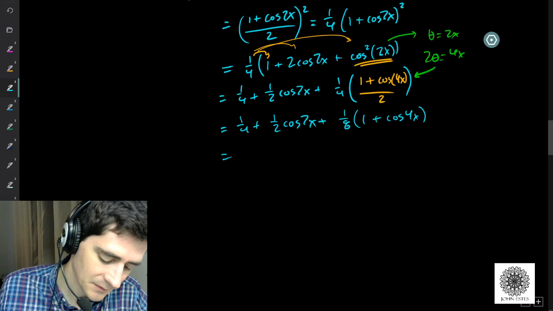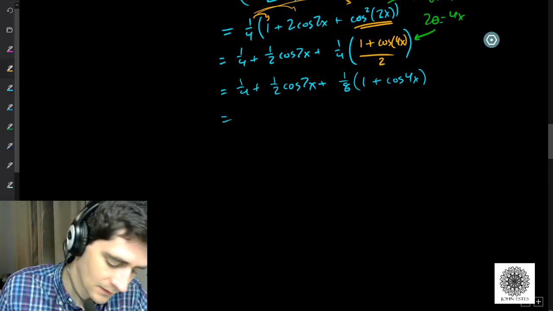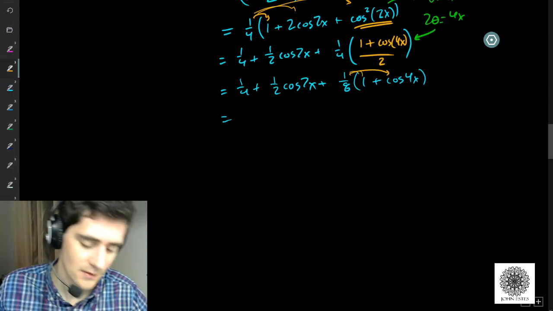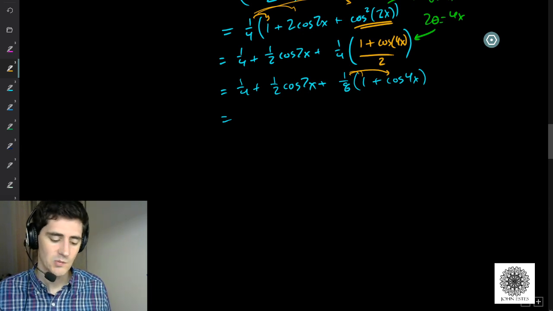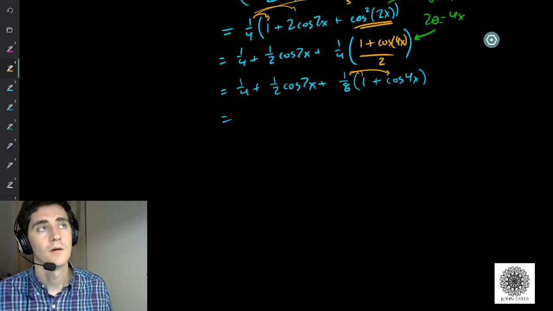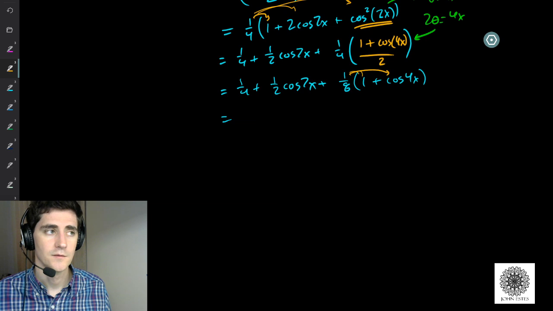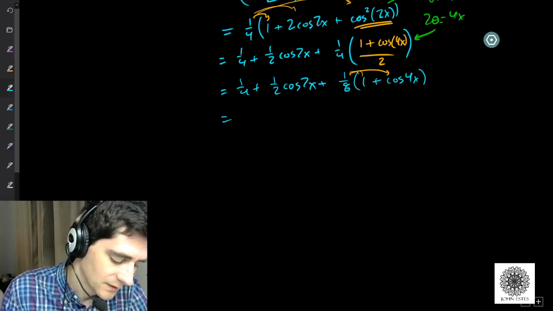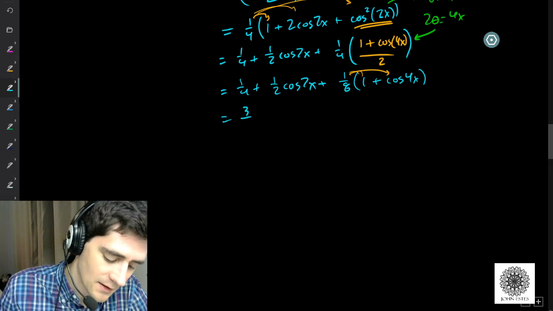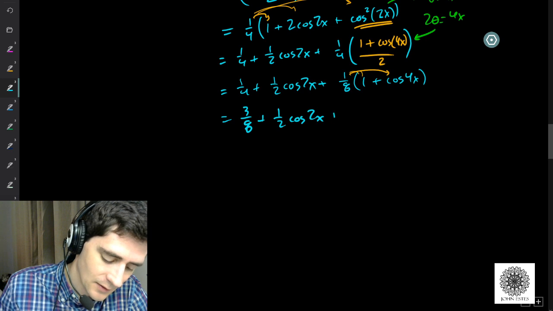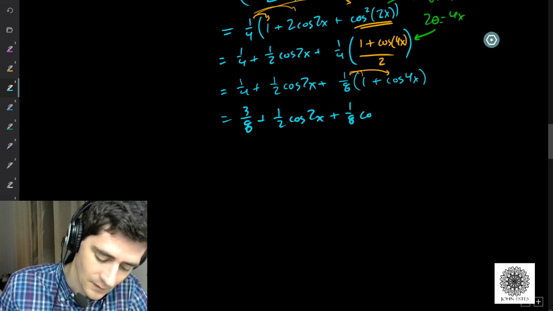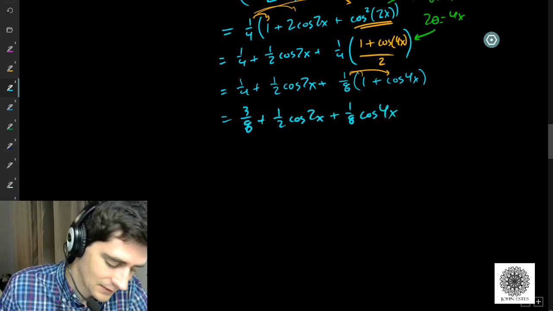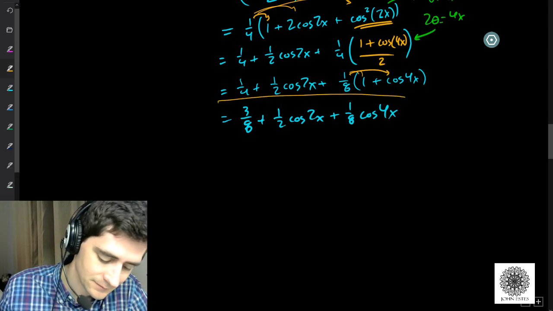I can clean it up finally. Let me think. So if I distribute the eighth across here, I have 1/8 plus 1/4. 1/4 is the same as 2/8, so I get 3/8 plus 1/2 cosine 2x plus 1/8 cosine 4x. And there it is.